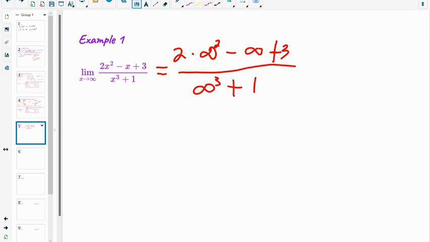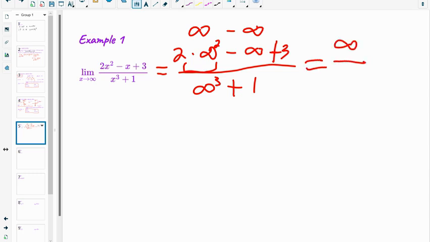So we effectively get infinity minus infinity. Now, it might be tempting to say infinity minus infinity is 0, but remember, this yielded a quote-unquote larger infinity than this one right here. So we actually will still have some level of infinity, and then plus 3, which is infinity, and then infinity cubed plus 1.